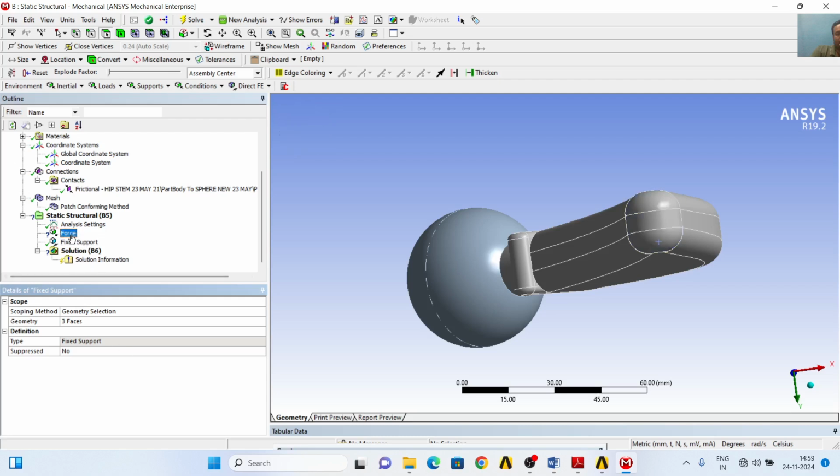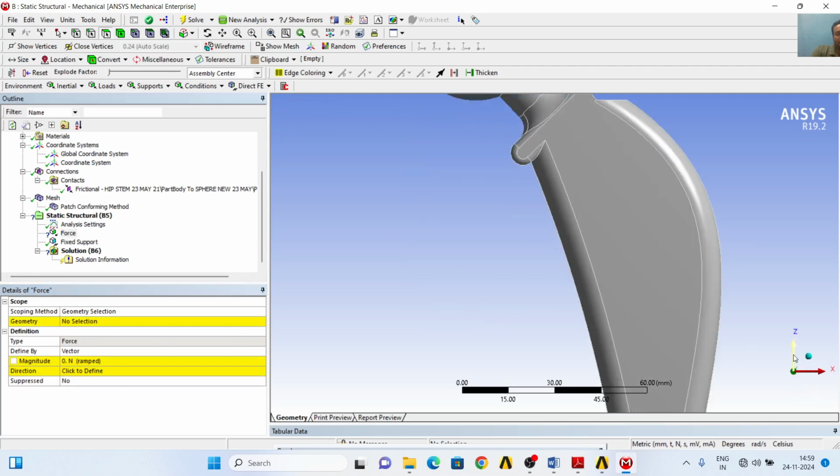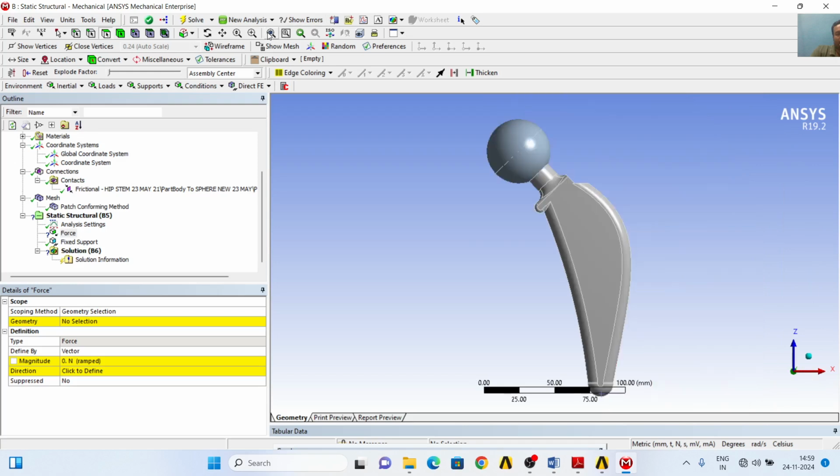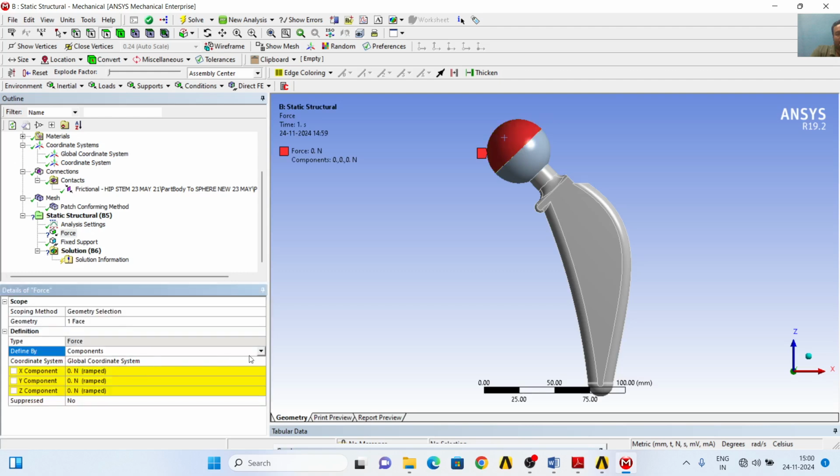Then I will create a force, reset the geometry, and apply the force at the upper face of this sphere. I will take the new coordinate system which I have predefined, and create a load of minus 1500 newtons.